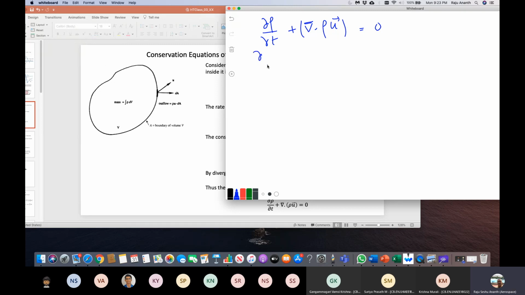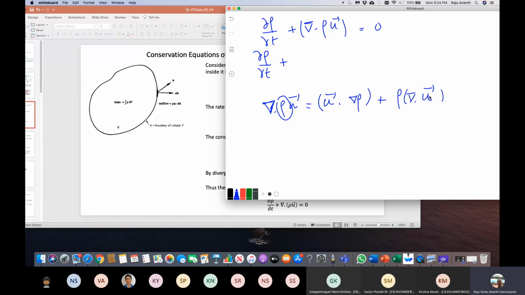So d rho dt. So del dot rho u, I can operate this del on both. Since this is a vector operator, and this is a scalar, I get u dot del rho plus rho del dot u.